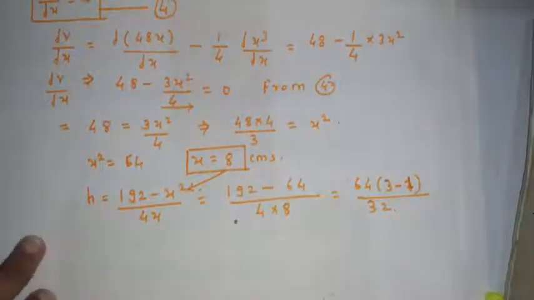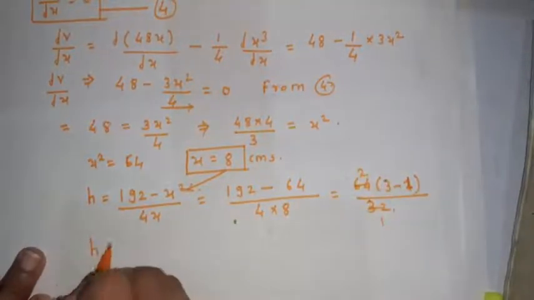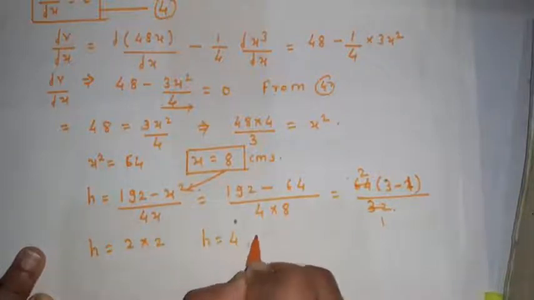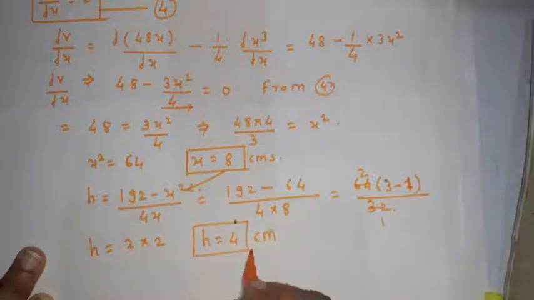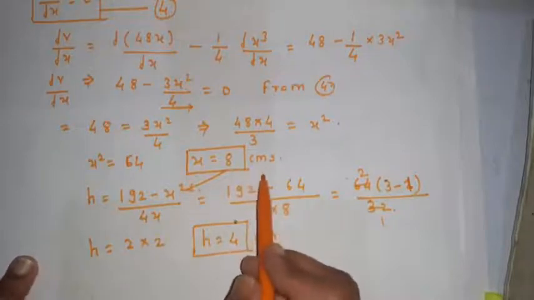Therefore 32 twos are 64, and therefore h equals 2 into 2, therefore h equals 4 centimeters. So the height of the box is 4 centimeter and the base side is 8 centimeter.